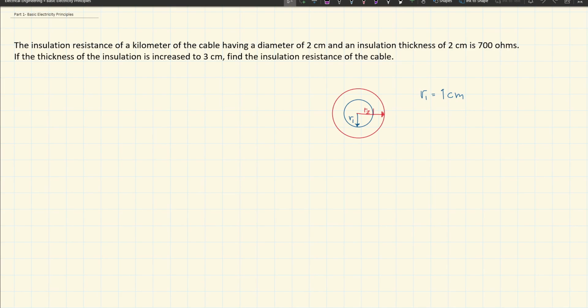The thickness of the insulation cable is 2 cm, so R2 is 2 cm plus 1 cm, which is 3 cm. And it says that the insulation resistance is 700 ohms. So the problem is find the insulation resistance of the cable if the thickness of the insulation is increased to 3 centimeter. This is our formula for the insulation resistance.